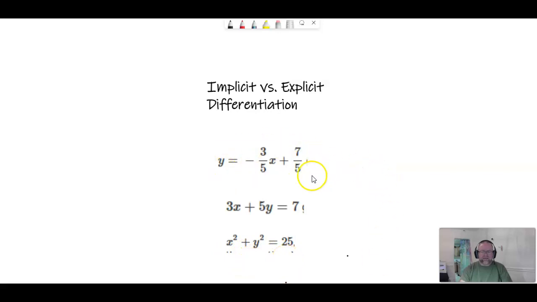So there are cases where we definitely want to use explicit, where we solve for the y in terms of the x's. There's some that we can do both. If we just do it like this, it would be implicit, but if we wanted to solve for the y, we could pretty easily do that, and then that would make it explicit. And then we have cases where it's easier and sometimes necessary to do it implicitly.